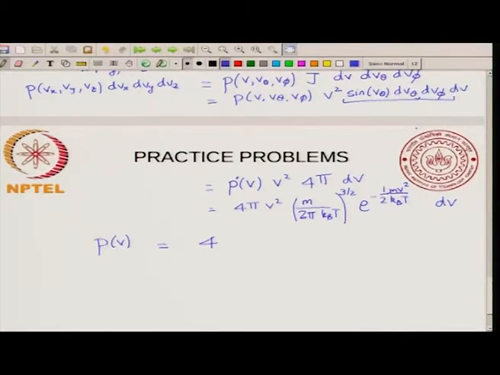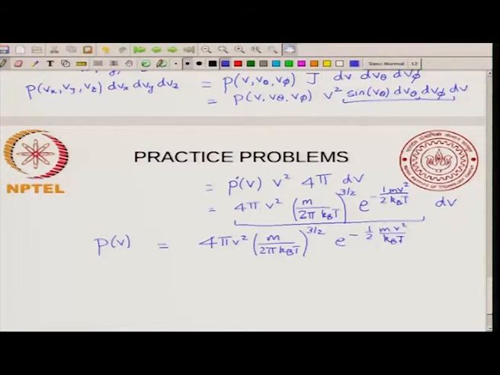So, finally, what you will get is you will just identify this whole thing as P of V. So, you will say this is 4 pi V square m by 2 pi kBT raised to 3 by 2 e to the minus half m V square by kBT.